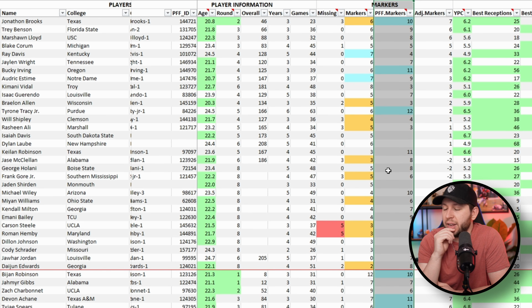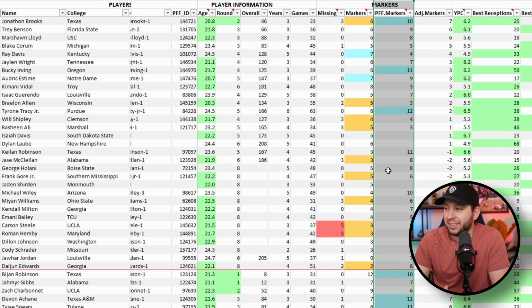What I do find interesting, though, is that with wide receivers, I wanted to see them generally aligned, and it was really telling if the PFF markers were drastically above or drastically below my markers, which could have been a good or a bad sign in one way or the other.